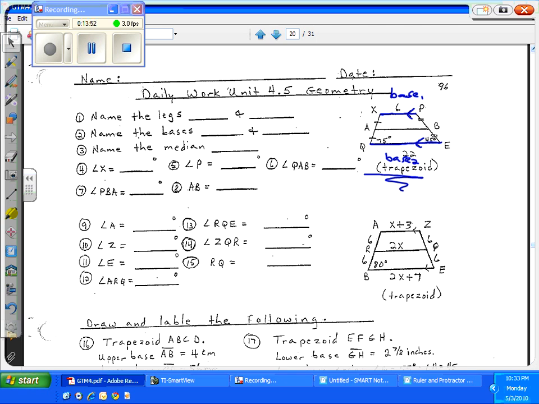They're not always sitting like that. They could be sideways. The other two sides are called the legs. The segment that joins the midpoints of the two legs is called the median. So there's the parts. You can fill all of that in.